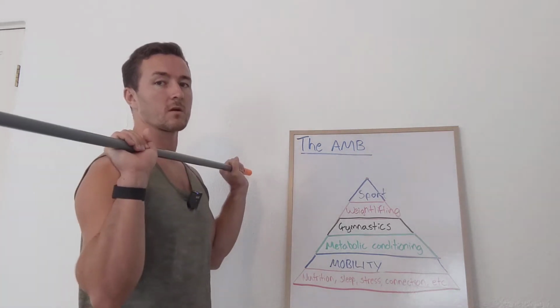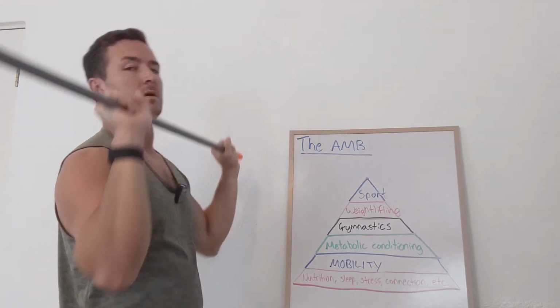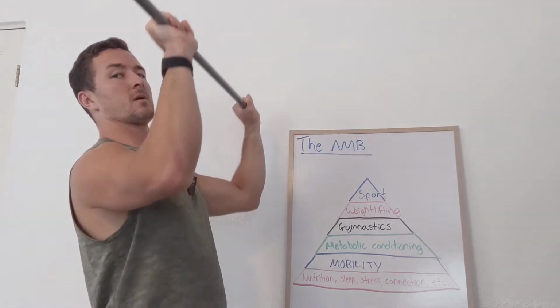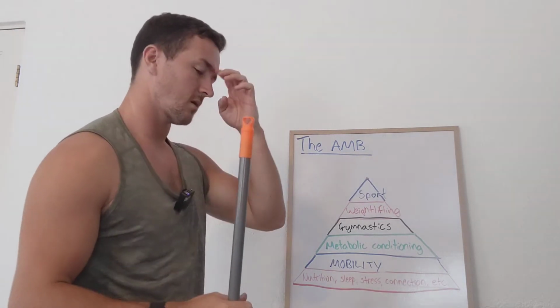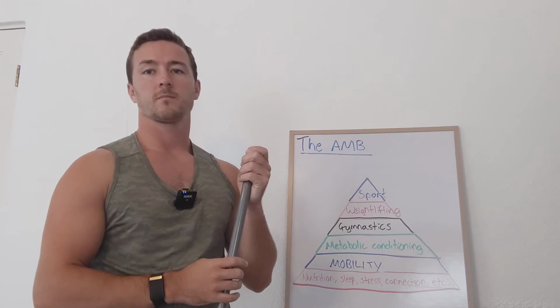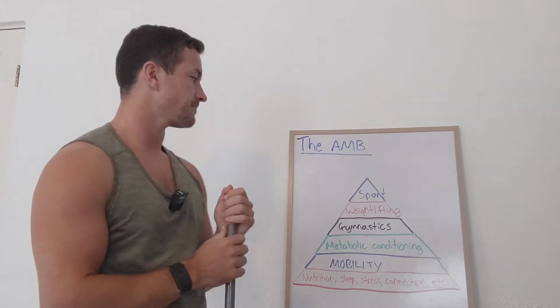With this particular restriction, that often becomes the spine. So I'm pressing the bar up, but my shoulders can only get to here, and now I'm leaning back. That can place a lot of stress on our back if it's not prepared for that.